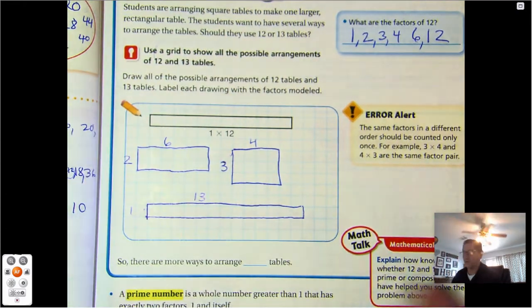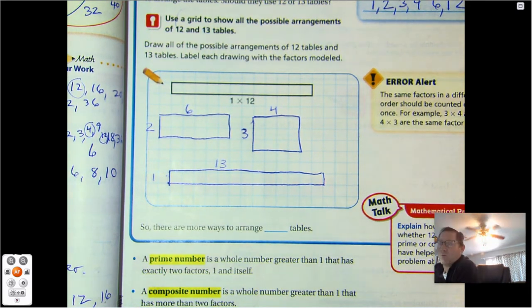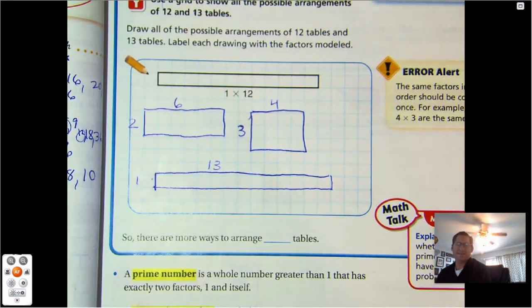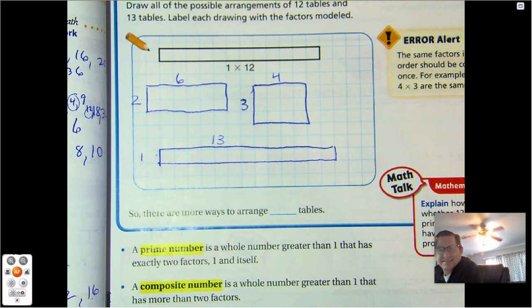Or 13 rows of 1. 2 won't work because 13 is not even. 3, 1 plus 3 is 4. 4 is not divisible by 3. 4, no, because 13 is not even. 5, no, it doesn't end in a 5 or 0. 6 times 2 is 12, so no. 7, 14, no, not 7. 8, 16, no. 9 and 18. Oh, that's not 13. 10 and 10 is 20. That must be it. Okay.